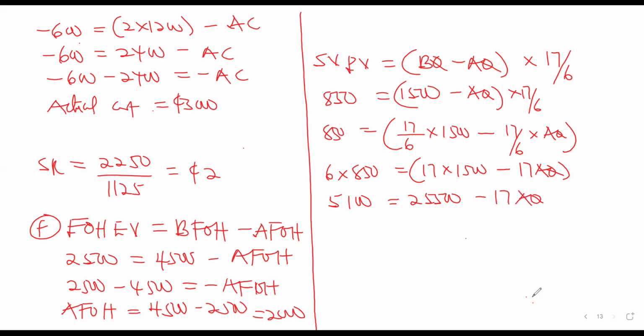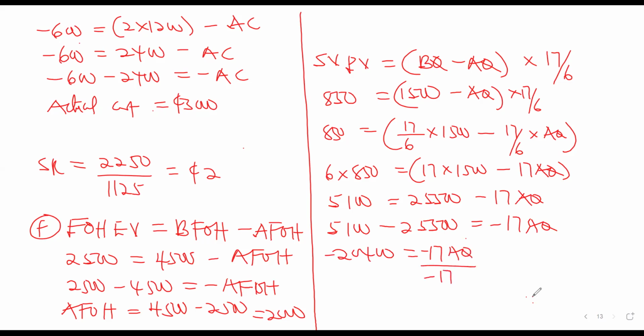So 5,100 minus 25,500 is equal to negative 17 AQ. The difference is negative 20,400, equal to negative 17 AQ.